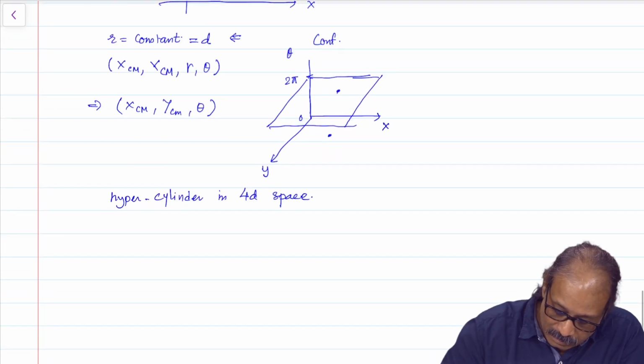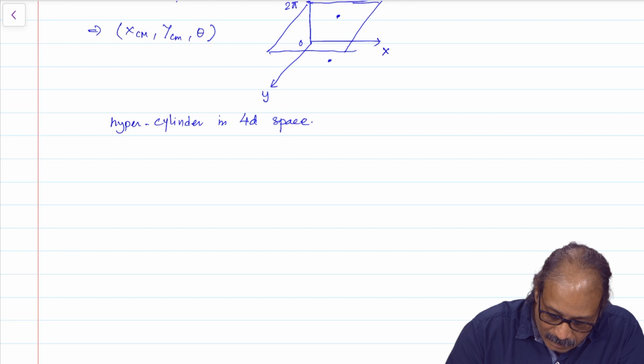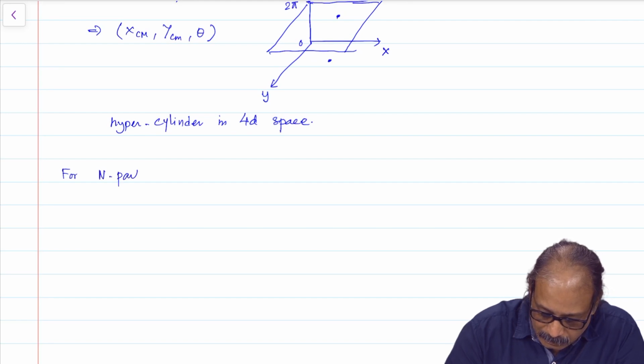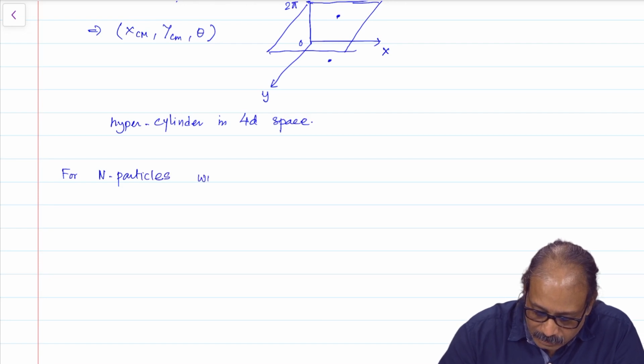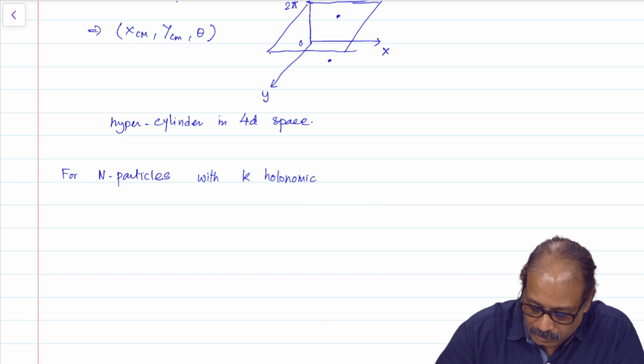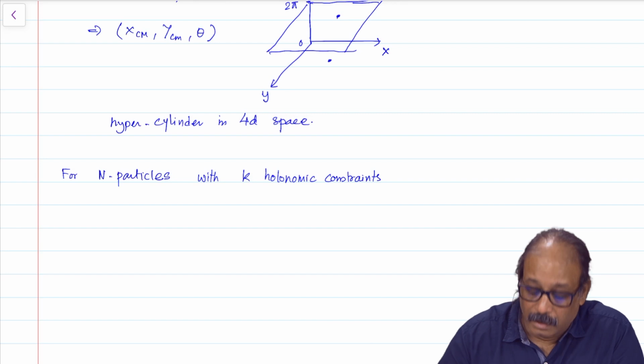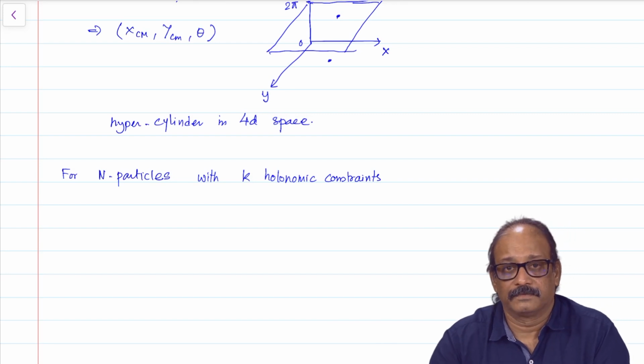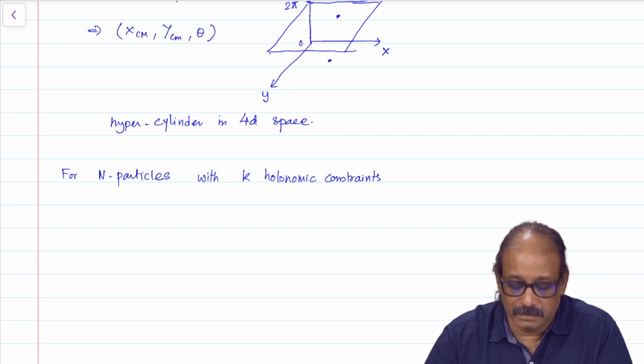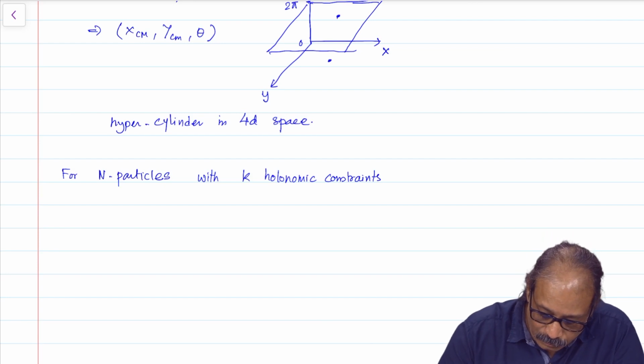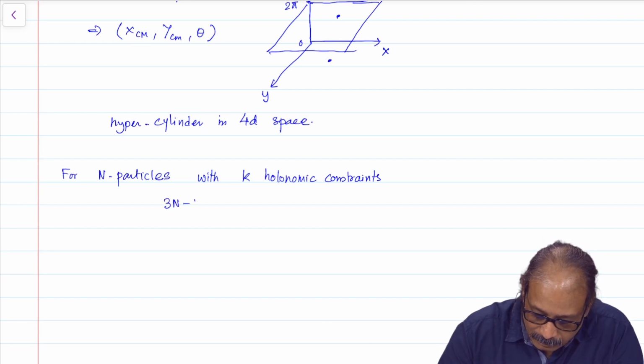And so, in the summary, for n particles with k holonomic constraints, the dimensionality of the accessible configuration space is reduced to 3n minus k.